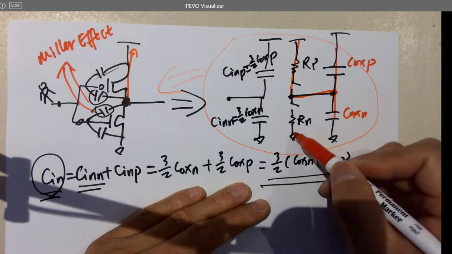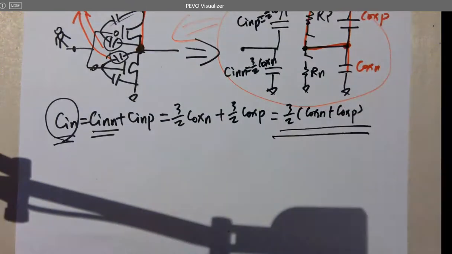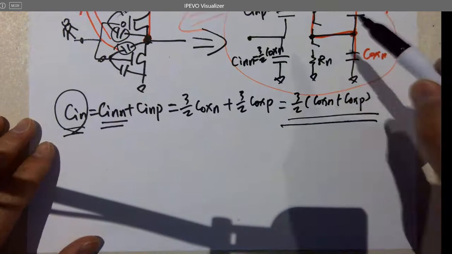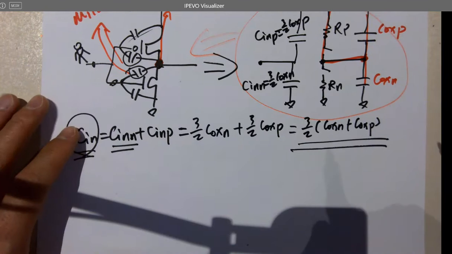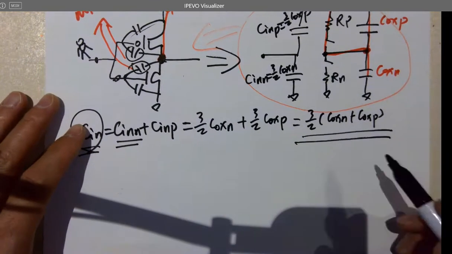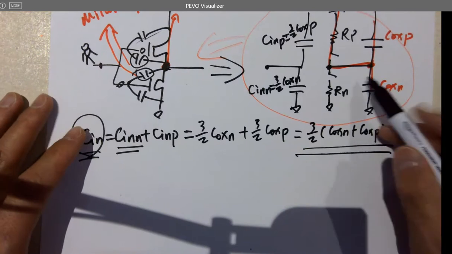Otherwise, only Rn is involved and also the 2 caps are involved. RP is not. Keep in mind, when we're calculating TPLH or TPHL, it's going to be different because the R's are different. Only when the R's are equal can you use the same resistance, but otherwise, you have to be careful about it.